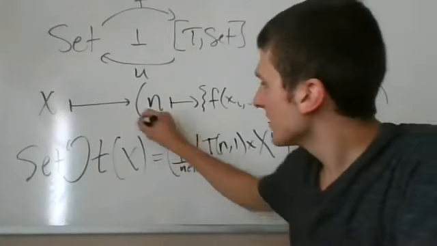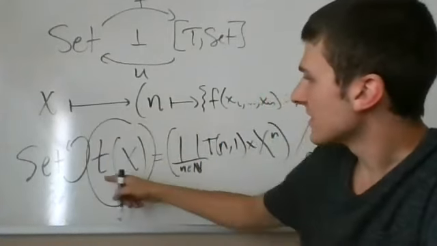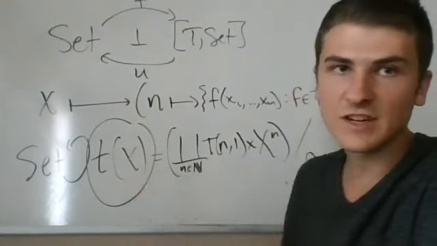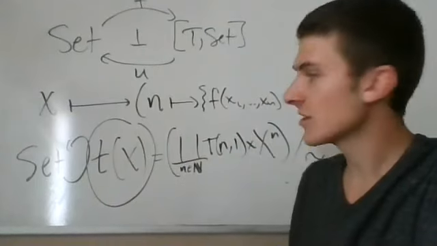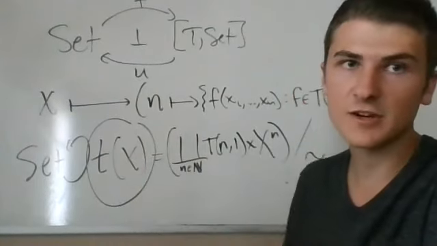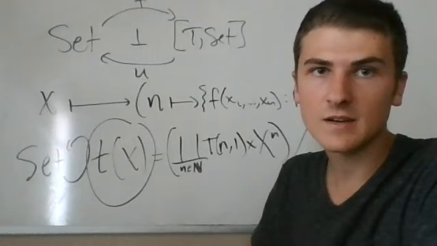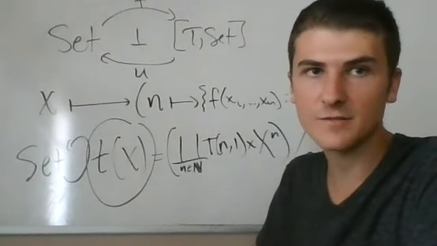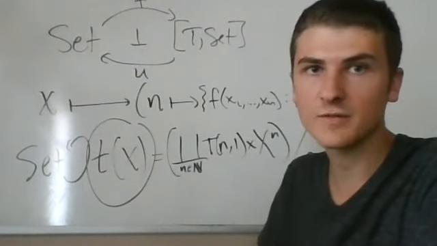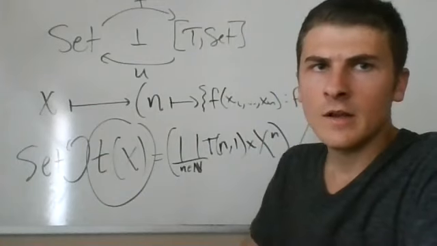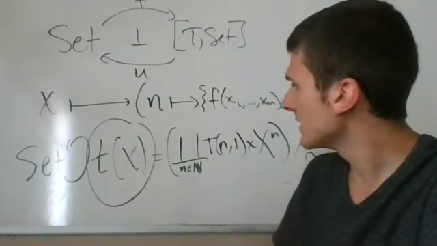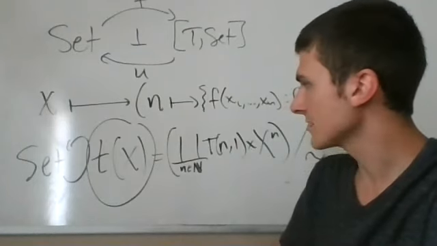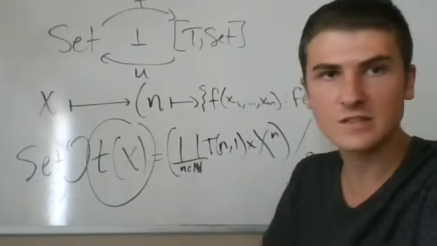So the idea is that this monad is just assigning to every set all of the terms of the free theory on that set, or the free model of that set up to equality of the theory. So yeah, it's a little hard to explain, but does this make sense?